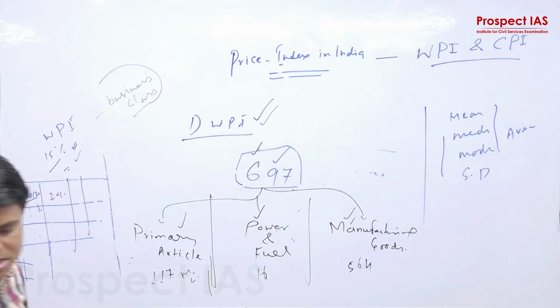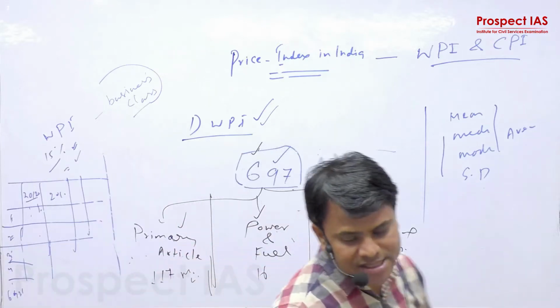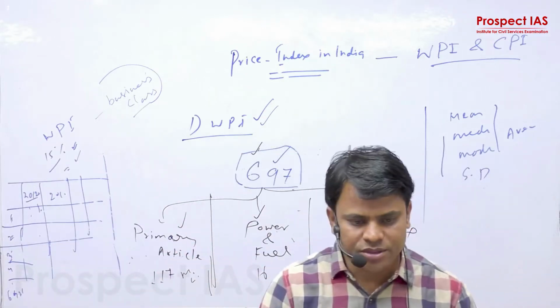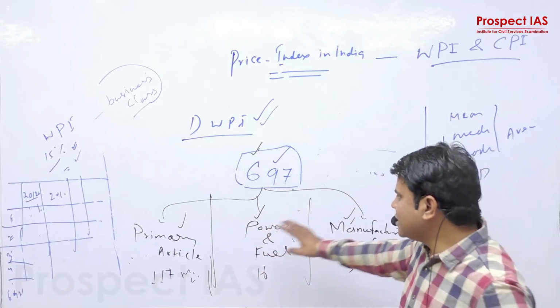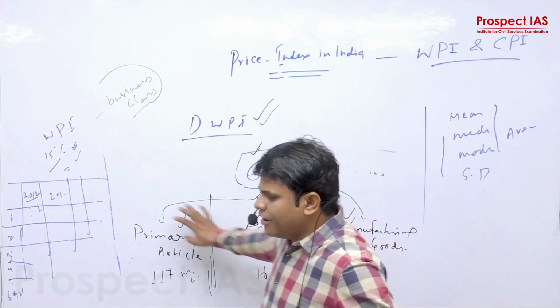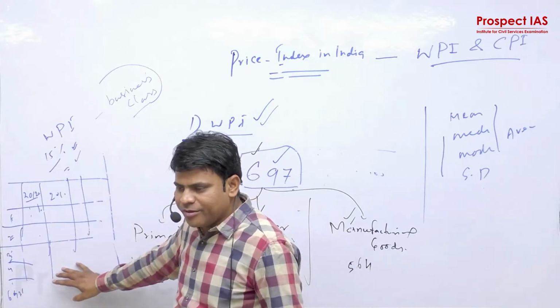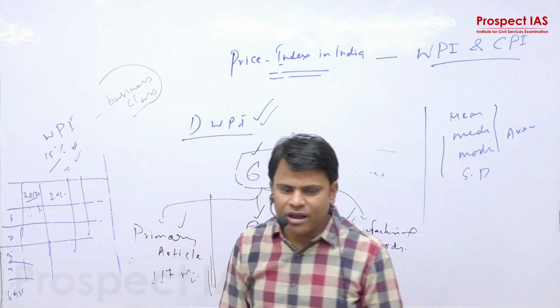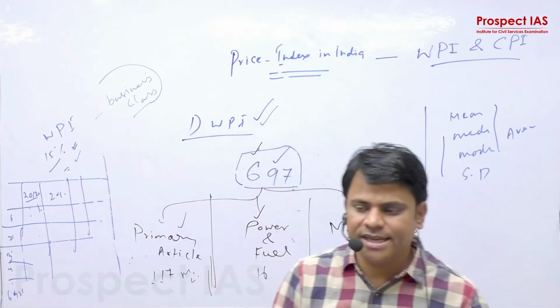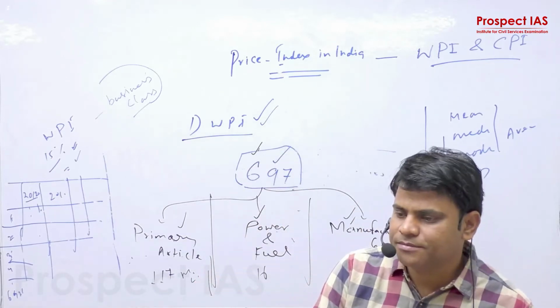Using the raw materials, when we produce something in plants or factories, they are called manufacturing items, right? So we have three kinds of goods in the category of WPI basket, right? The prices are recorded every month, every year, and on the basis of that we find out the rate of inflation in the wholesale market. Okay?